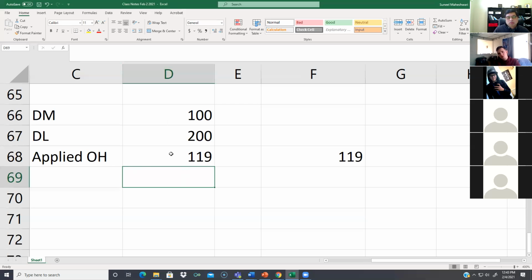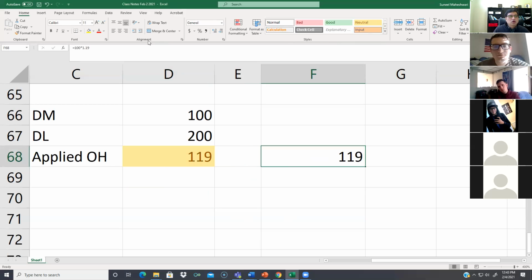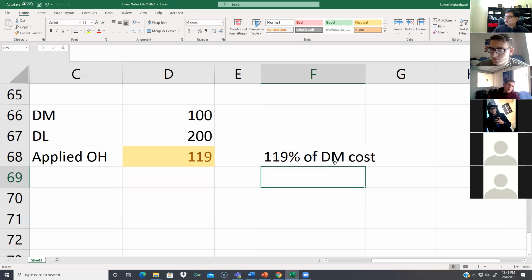So does everyone understand this, please? Your overhead rate was 119% of the direct material cost.